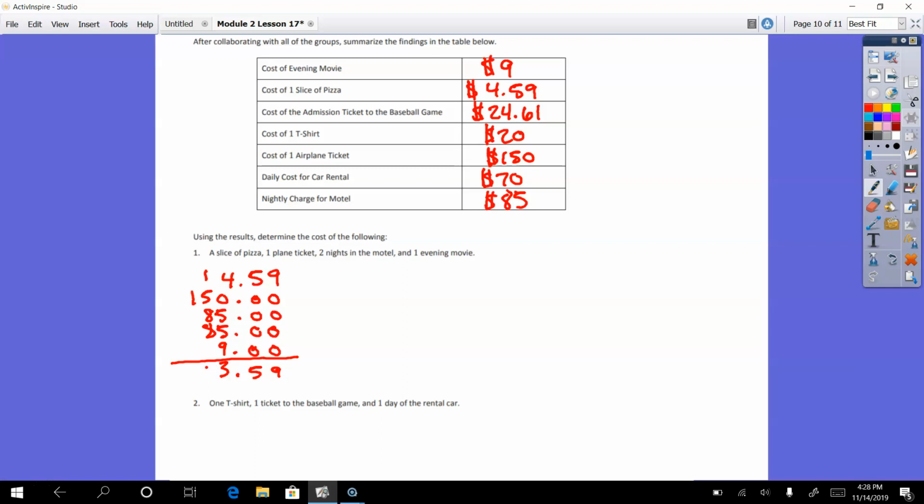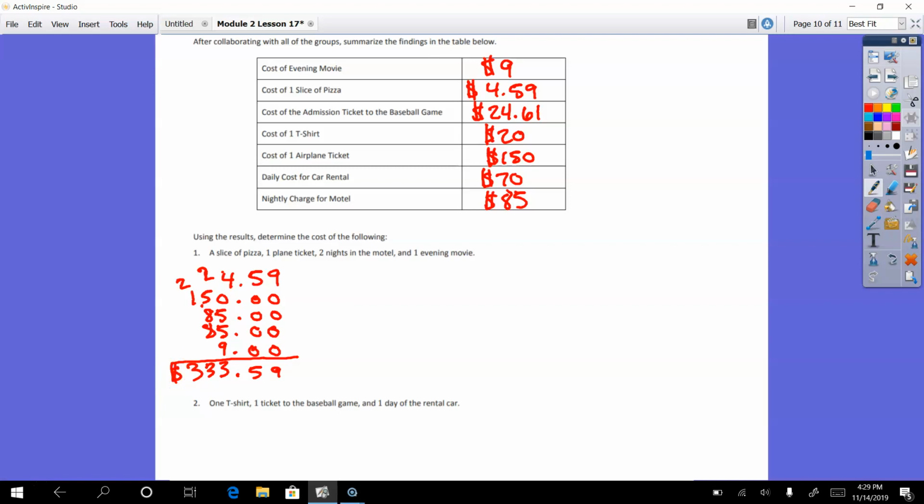No. Try that again. 16, 17, 18, 19, 20, 21. Where did I make a mistake? 9, 19, 20, 21, 22, 23. Carry my 2. Gives me 33. Gives me 23. There we go. $333.59.